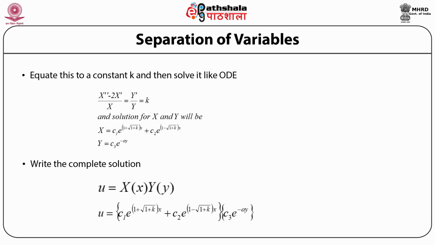Now, if you solve for X and Y, you can easily find that capital X is c1 times e power root of 1 plus k times x, plus c2 times the same exponential with the sign changed from plus to minus. Then Y, similarly, is c3, a constant, times e power minus ky. The whole solution is just the product of these two functions, u equal to X times Y. That's what we have written.